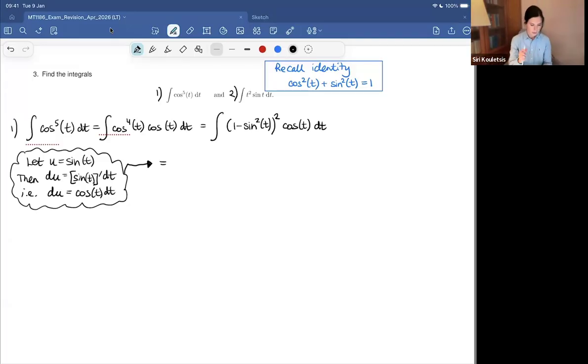Let's see how you have progressed here. The integral now becomes the integral of 1 minus u squared, all squared, du.